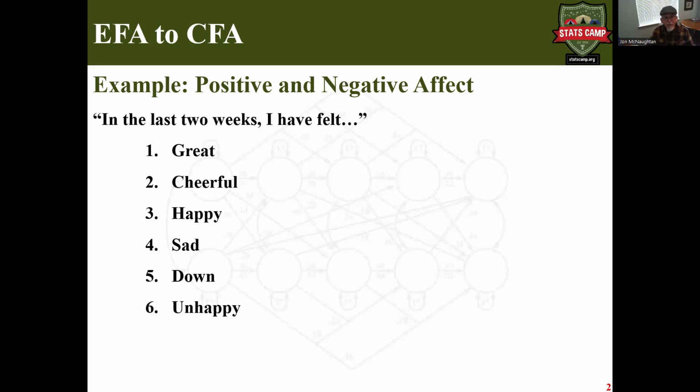But for EFA and CFA, we want to identify structure among these items that gives us an indication that there really is something underlying and latent that is meaningful, that we can make policy and practice recommendations based on positive affect and not answering the question cheerful.